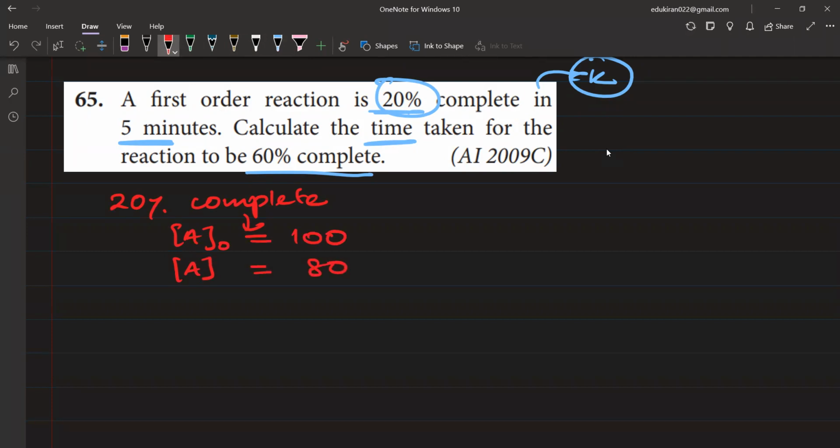That's something they will not explicitly give you. This should come naturally, we have done many questions. When they have given you time, they are asking about the rate constant. When I have got the k, then I can calculate the time. Okay, so do this. First of all, calculate the k, send the answer to me.